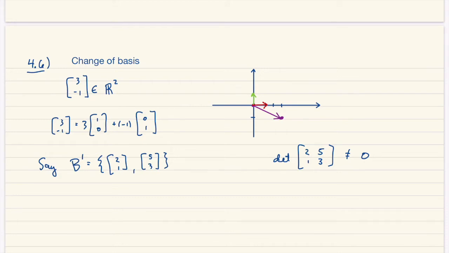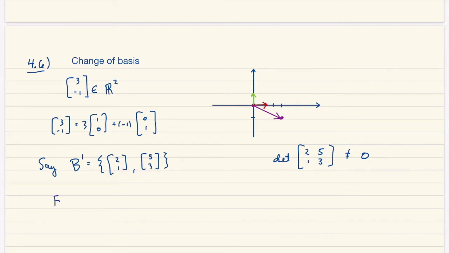So let's say B prime is this basis for R2. What I want to do is think about how we mimic what happened above. How do I find these constants so that I can write this vector (3, -1) as a linear combination of our two basis vectors?